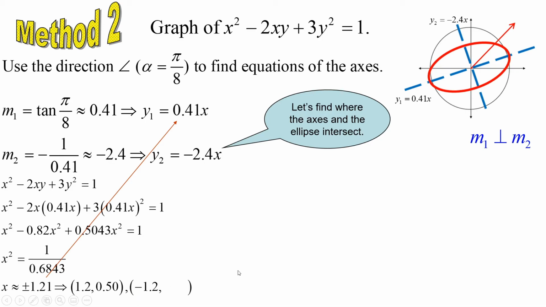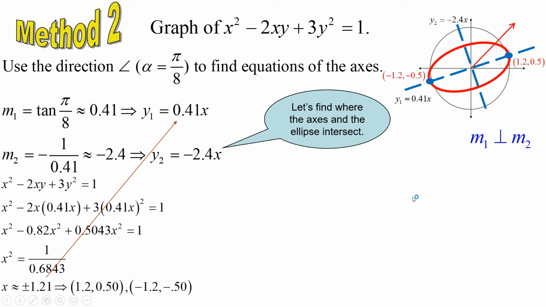And now the same thing with the negative, so that's going to be a negative 0.50 right there. Okay, good. Now I can label these points. So this would be my quadrant 1 point, which is right here. 1.2, 0.5. And this will be a quadrant 3 point, which is going to be right here.